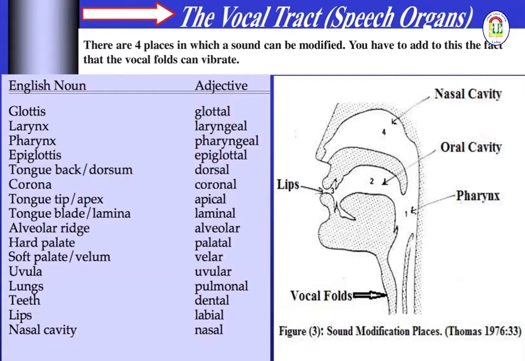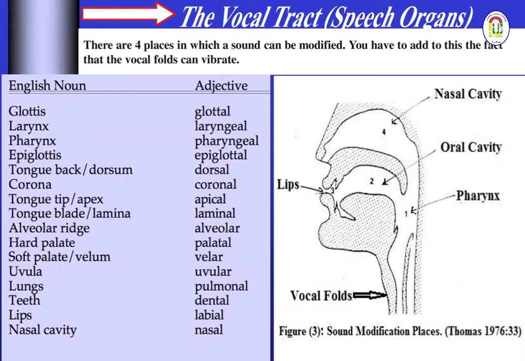When we describe the articulation of consonants, we need to refer to the places from where they are produced. So in this case, we are going to use scientific terms for place of articulation. For the glottis, glottal. For the larynx, laryngeal. For the pharynx, pharyngeal. For the epiglottis, epiglottal. For the tongue back or dorsum, dorsal.